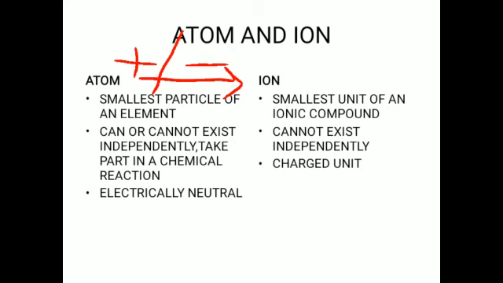Atoms can or cannot exist independently, and they take part in a chemical reaction on the basis of their reactivity, and they are electrically neutral. But when atoms are ionized, they cannot exist independently because of their high reactivity, and they are charged. There are two possibilities: an atom can gain an electron to make an anion, and an atom can lose an electron to make a cation.